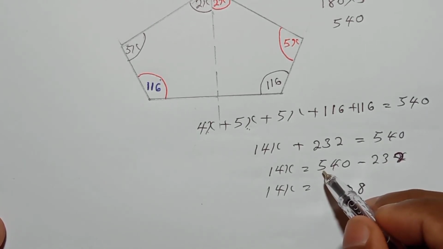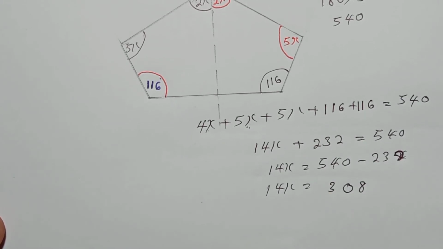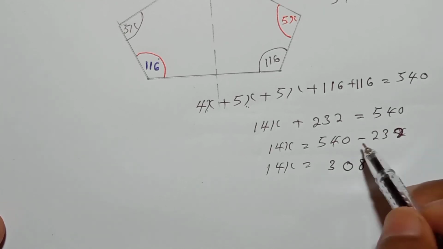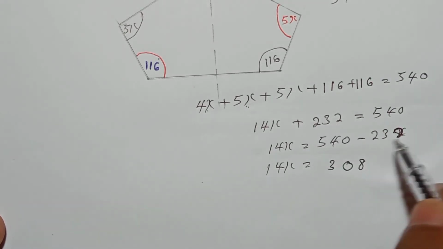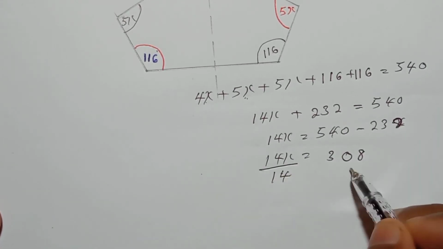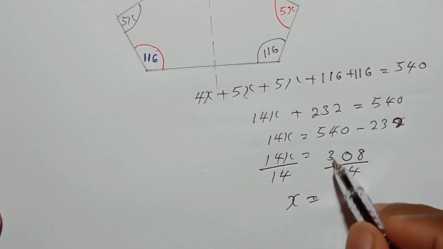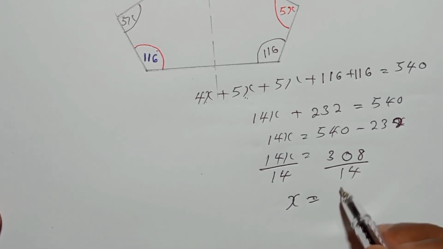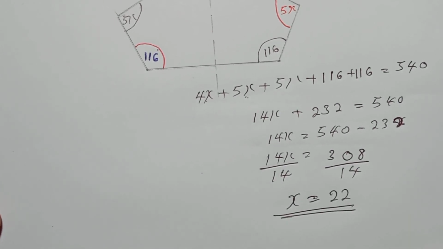Here 5 minus 2 means 3. Okay, now when I bring this plus 232 to the other side, it becomes negative, you know that. Then divide both sides by 14, right? So your final answer will be 308 divided by 14, which is 22. This is the answer for x.